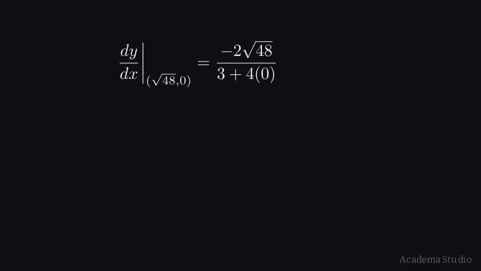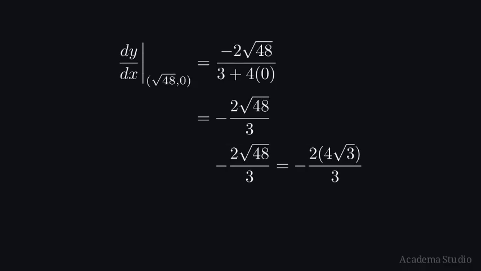The derivative of y with respect to x at the square root of 48, 0, equals negative 2 the square root of 48 over 3 plus 4(0). So this simplifies to negative 2 the square root of 48 over 3. Negative 2 the square root of 48 over 3 equals negative 2 times 4 the square root of 3 over 3. So this simplifies to negative 8 the square root of 3 over 3.